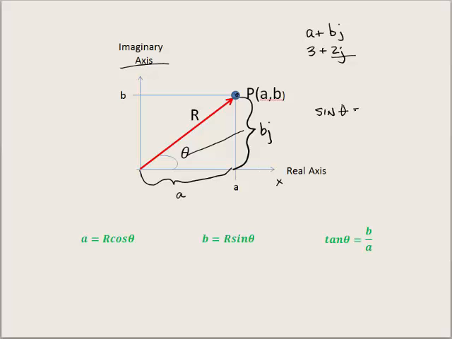A little bit of reminiscing here: sine of theta equals the opposite side over the hypotenuse. So that's this side over the hypotenuse. Okay, so bj, let's put bj there. bj is going to be the sine.